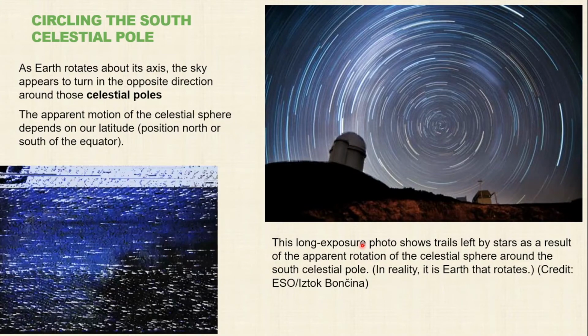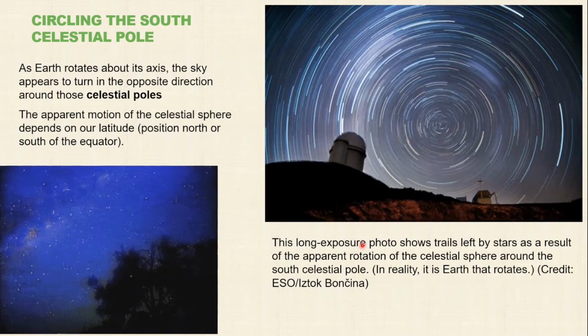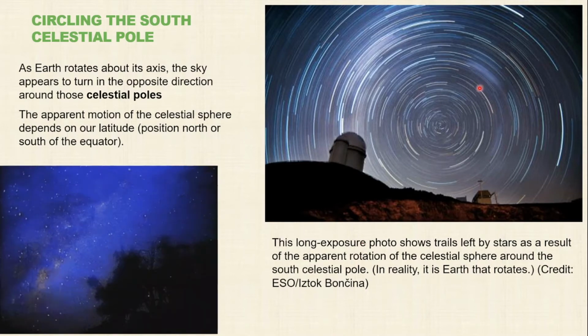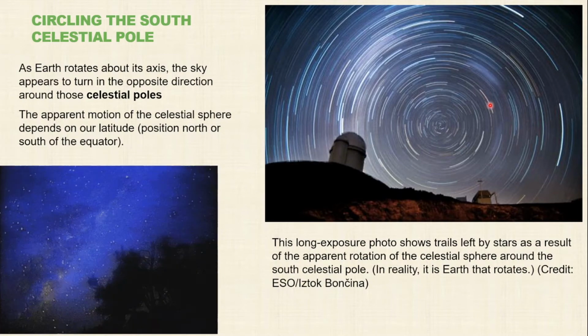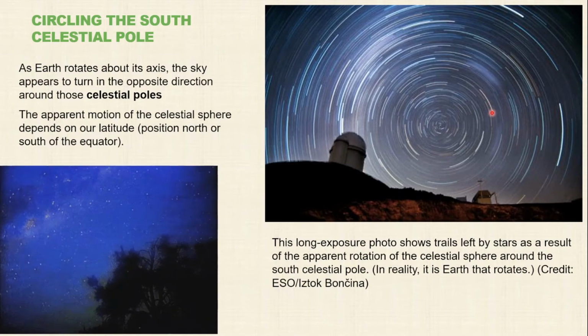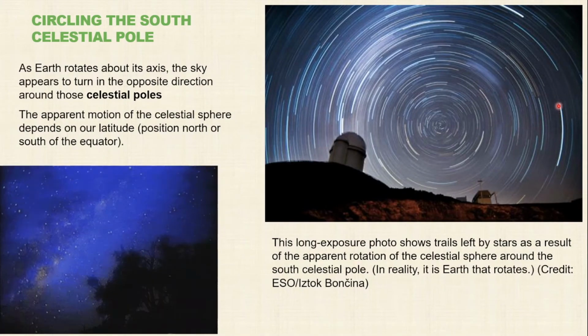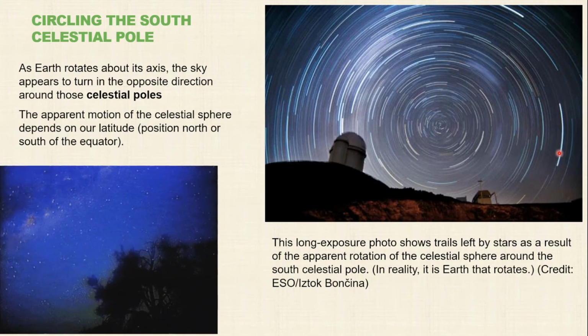If I open my camera shutter for 1 hour, 2 hours or so, during that time the stars have moved. The stars have rotated, and so that's what this one single line is. Or this one here, the stars have moved this much distance in, let's say, 1 hour, if my camera exposure time is 1 hour.